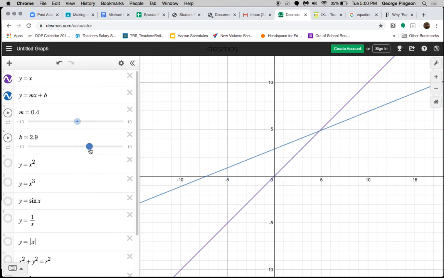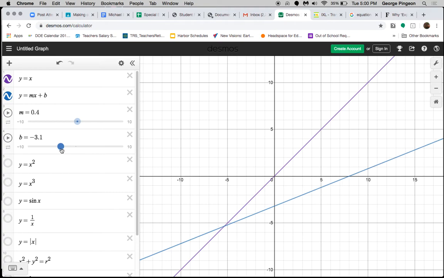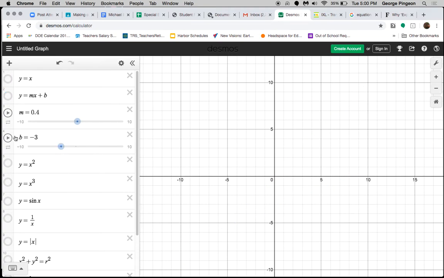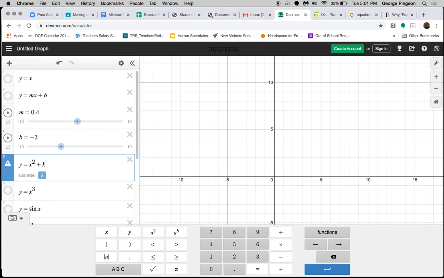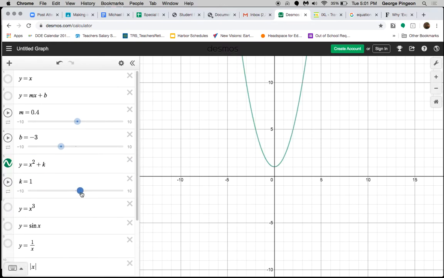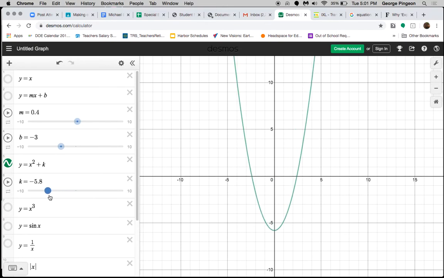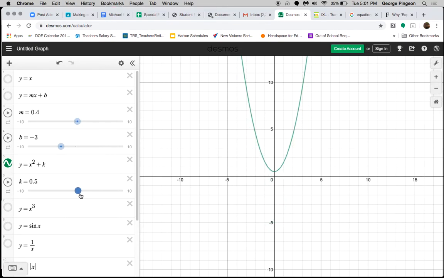And you can do this with all different functions. So I'll show you with a quadratic function. Let's say x squared plus k. We'll add a slider for k, right? If you change k, if you make the number that you're adding at the end positive, it's just going to move the quadratic function up, and if negative, it's going to move it down.